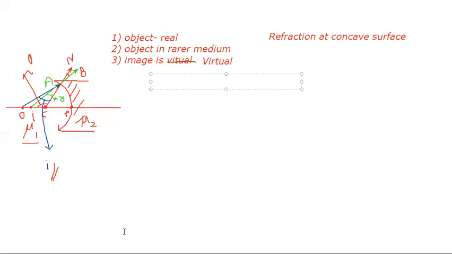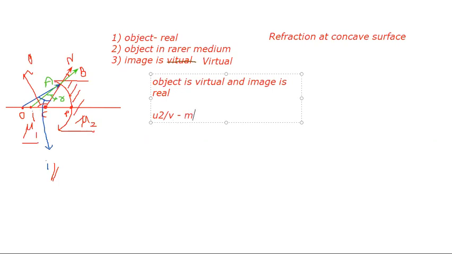So when the object is virtual and the image is real, the expression becomes mu2 by V minus mu1 by U is equal to minus mu by R, same.